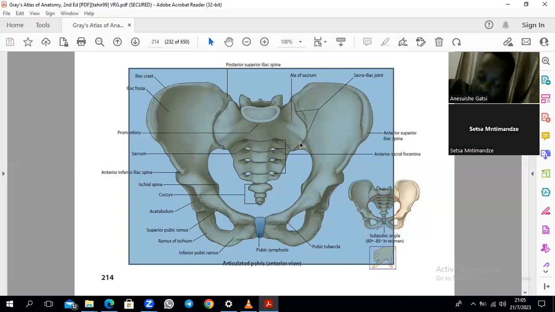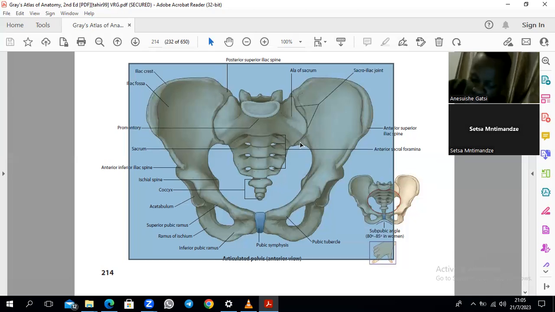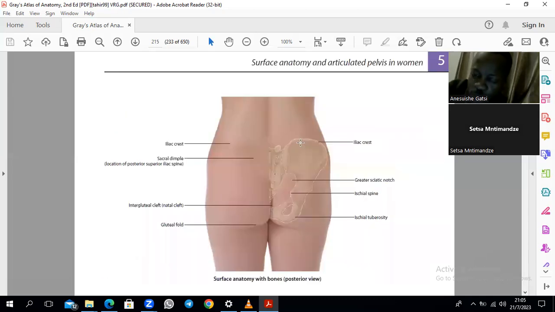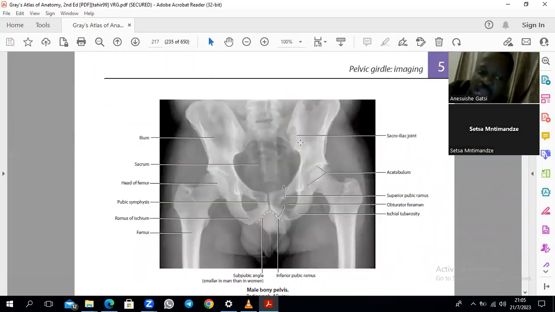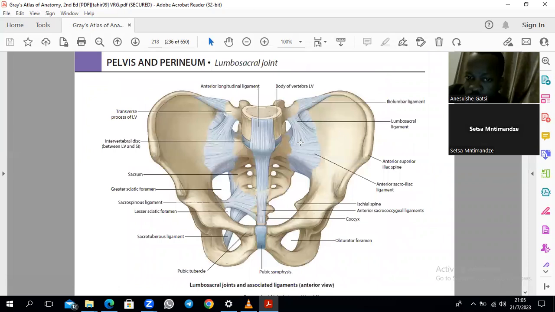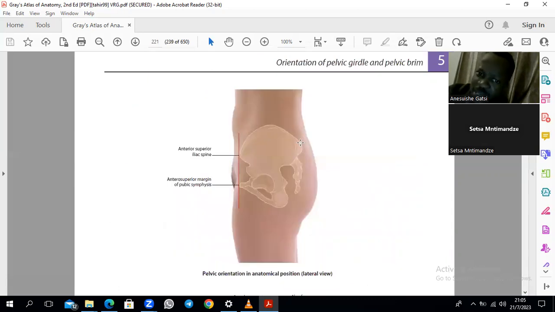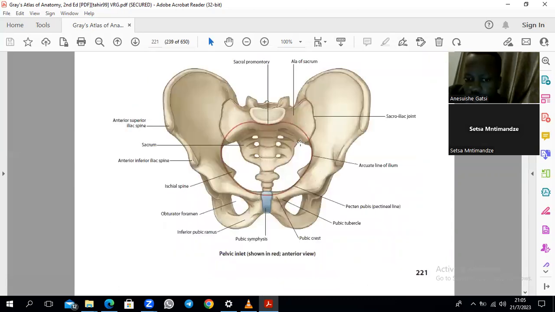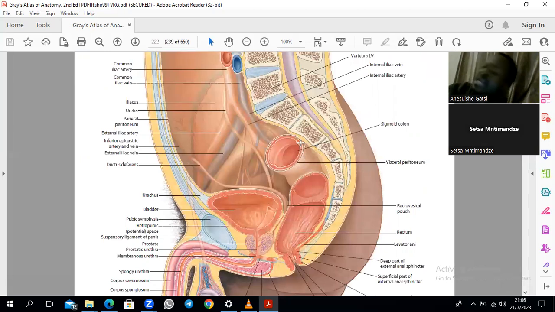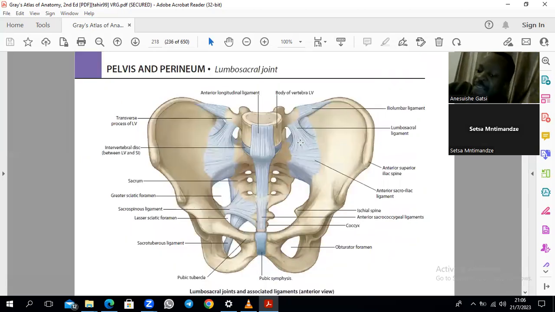There's a picture that I know is in this book which I can use to describe. I don't think I'll find the picture, but they have different dimensions, right?